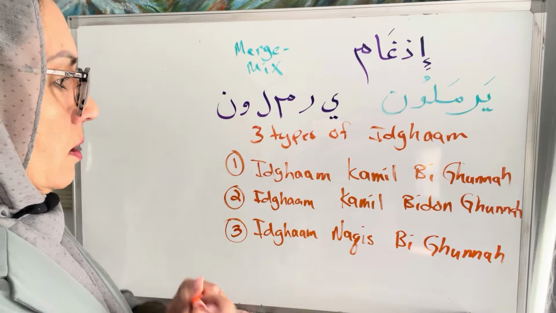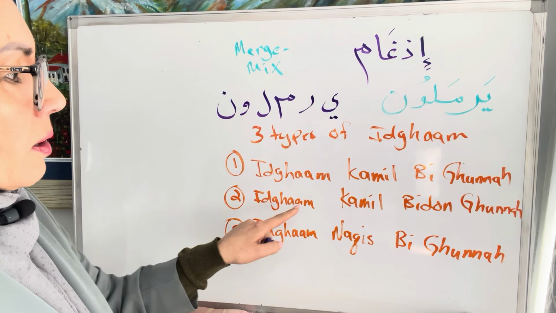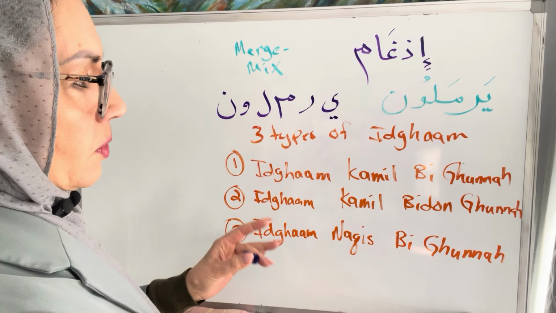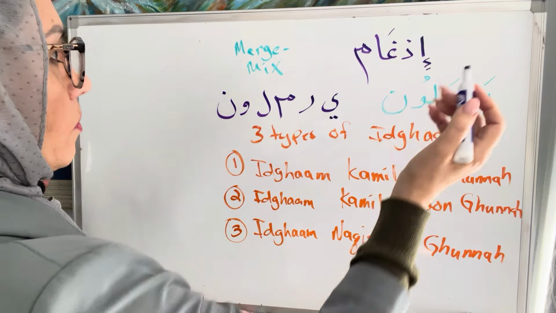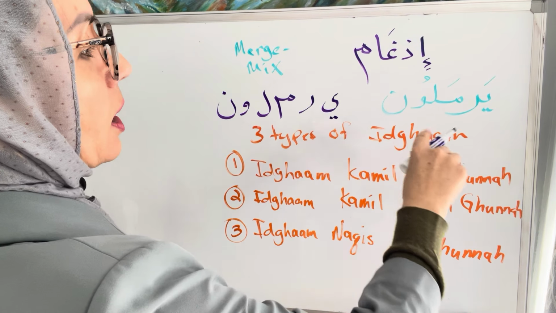Let's now give the meaning of what I'm talking about here. We already discussed that idgham means to merge and to mix these letters. Here we're dealing with a noon that we have to merge.